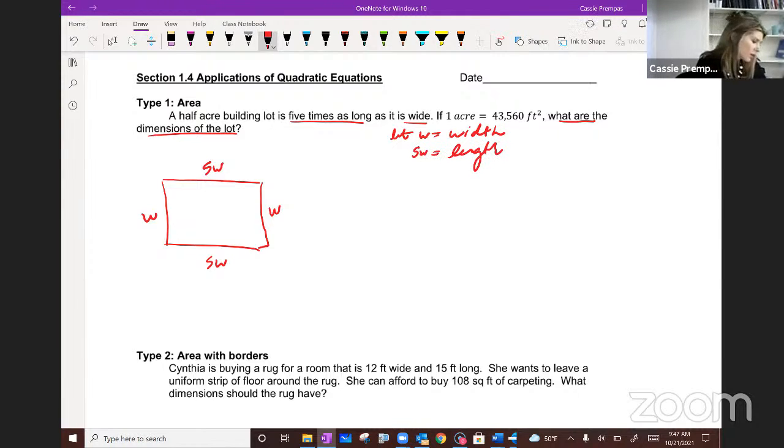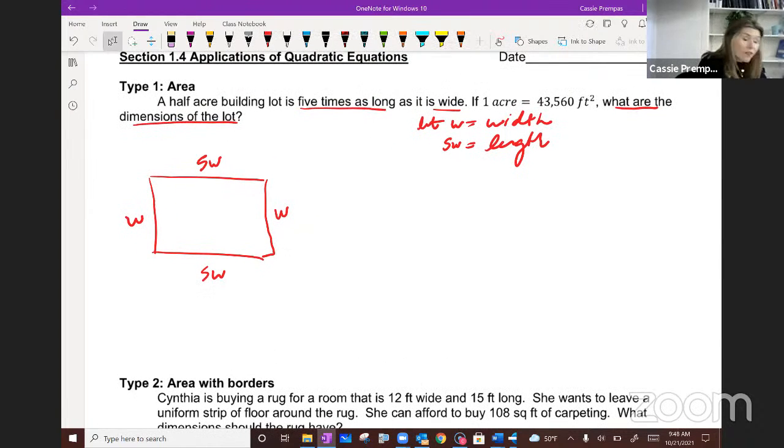The next thing that we would look at is this is a half acre, and 1 acre we know is 43,560 square feet. So if this is 1/2 of an acre, then we know its area is going to be 1/2 of 43,560 square feet. The next piece I have to remember from geometry is that area equals length times width.